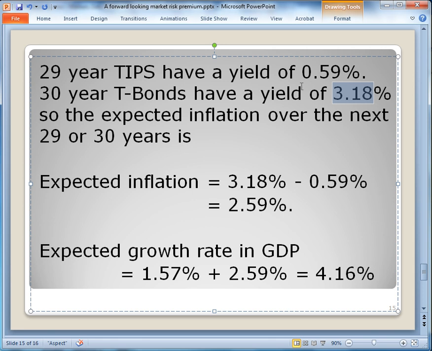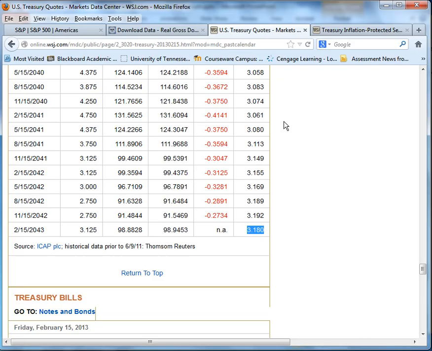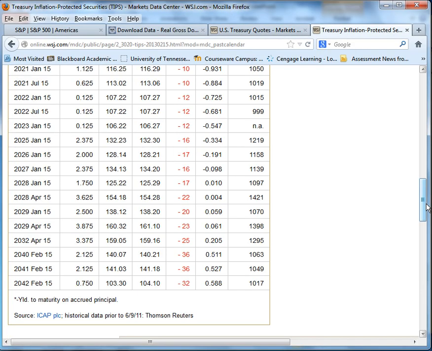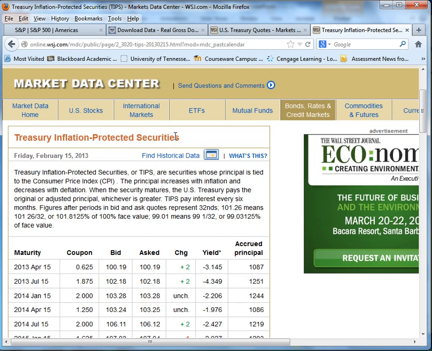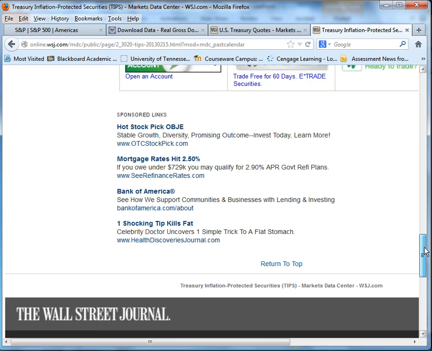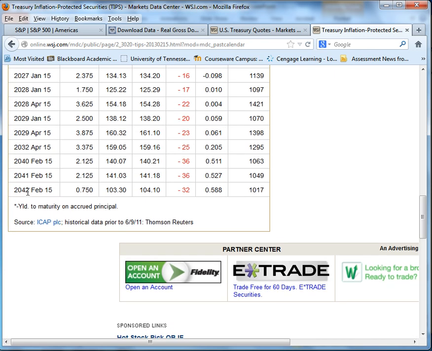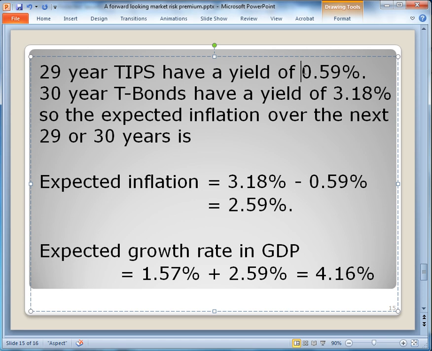Now we also want a yield on the TIPS, and so let's go ahead and pull that off of the Wall Street Journal as well. If we go to the Wall Street Journal page, and same thing, Market Data Center, and now pull up Treasury Inflation Protected Securities, scroll down to the bottom, and we see that the longest maturity Treasury Inflation Protected Security has a yield of 0.588%. 0.588% is the yield on a long-term TIPS, and we'll use that as 0.59%.